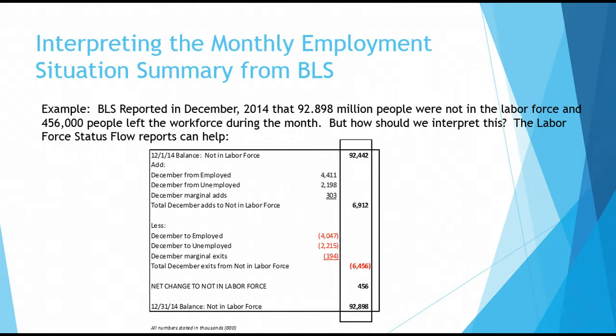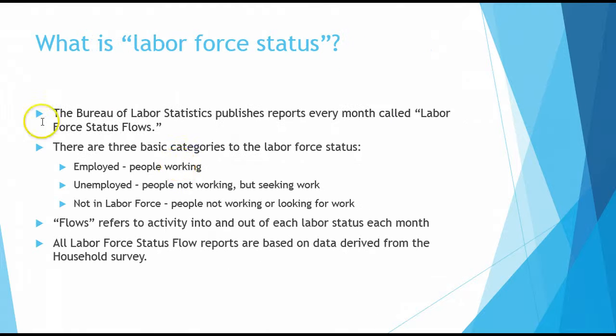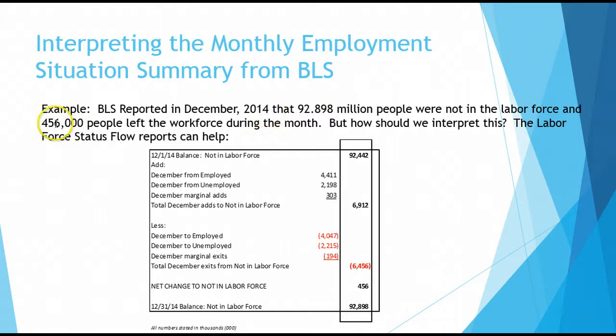Now, if you remember, when we went back here, we were talking about the net numbers, and over here we mentioned 456,000 people that had left the labor force. That's a net number of all of these categories. So it's really the number of people that left the workforce was 6.9 million, but there was 6.5 million that entered the workforce.